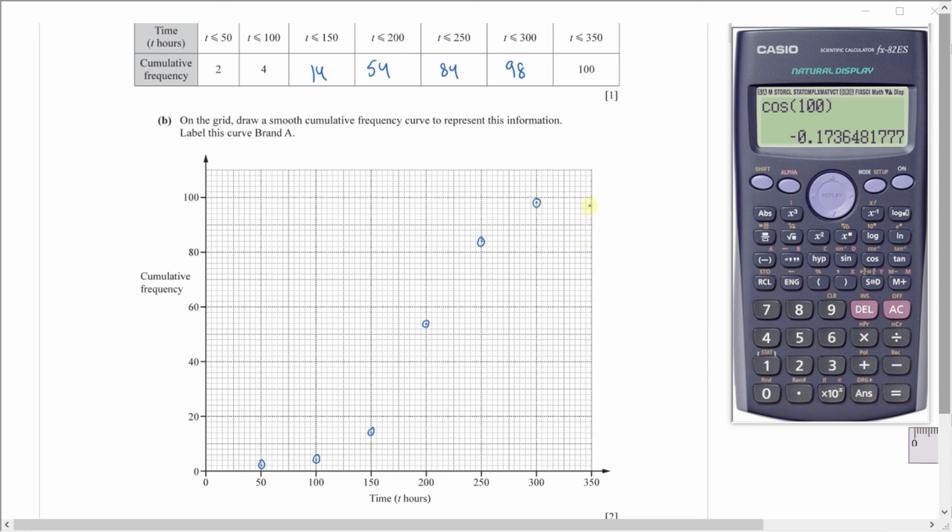And less than or equal to 350, you have 100. So now we can draw the smooth curve to represent these points. So this will be your cumulative frequency curve.